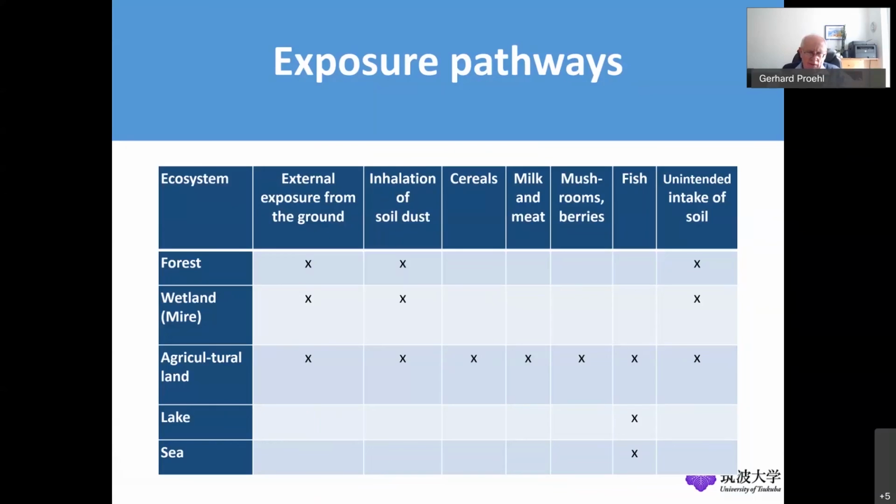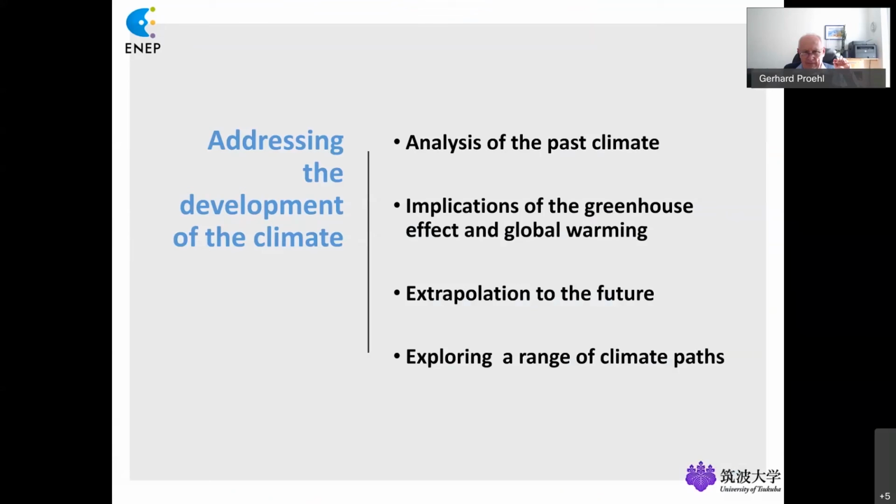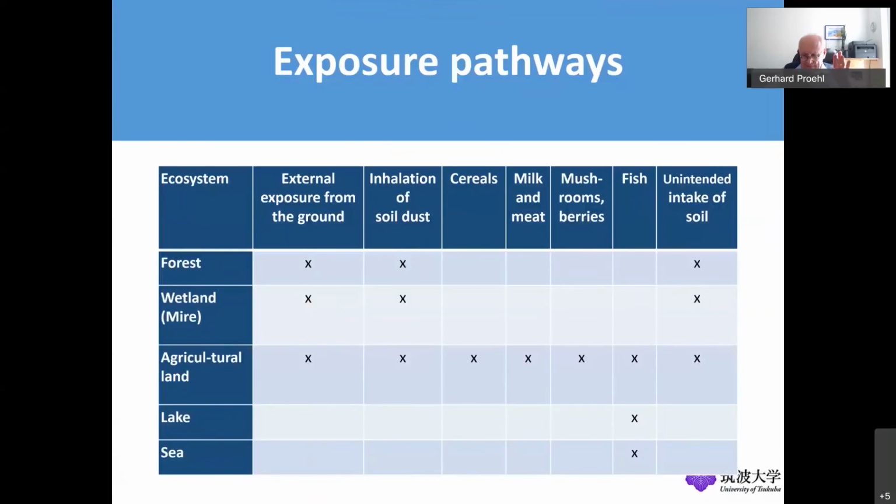So again, the exposure pathways taken into account should be consistent with the characteristics of the ecosystem. Okay. This was about the development of the landscape and how these developments in landscape are addressed.